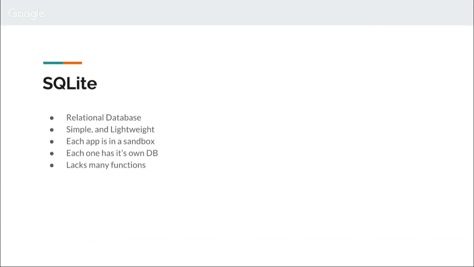But most importantly, security. SQLite doesn't have any sort of security or encryption. It's one of the things that you have to handle yourself if you want to actually use the database.